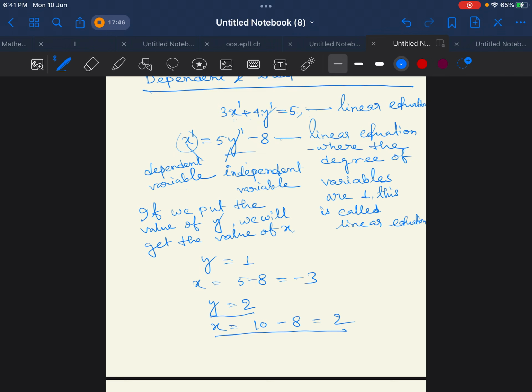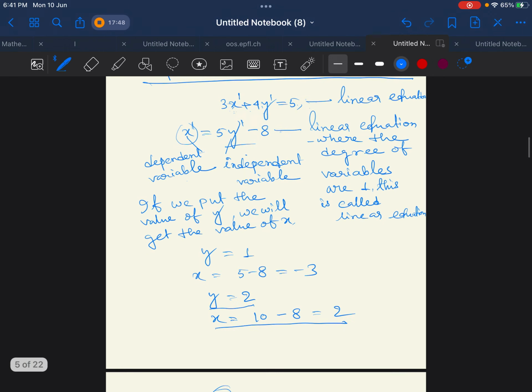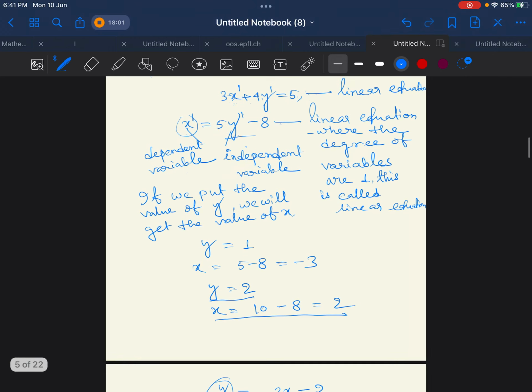Now we have to know what a dependent variable is and what an independent variable is. Here we see when we put the value of y, we will get the value of x. So the value of x is dependent upon the value of y.